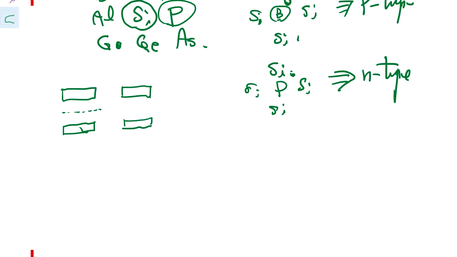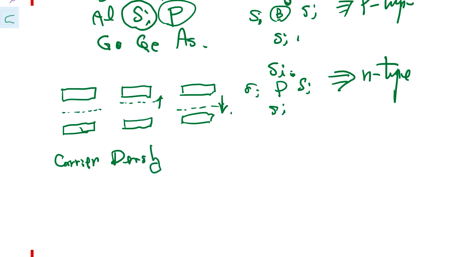But by introducing impurity in the crystal, the Fermi level shifts upward, or close to the valence band. And what does it mean? The Fermi level change means carrier density N and P change. How much is the change?